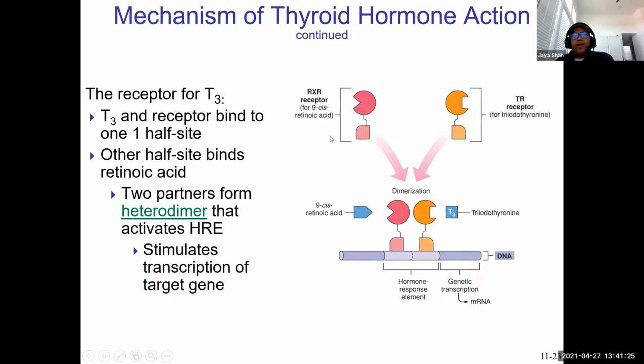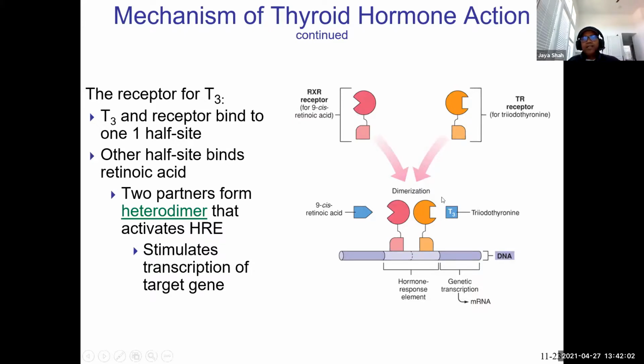Now both 9-cis-retinoic acid binding with this receptor and the thyroid hormone receptor binding with thyroid hormone T3, triiodothyronine, and on one half site T3 binds with its receptor, and on the other half site 9-cis-retinoic acid, vitamin A, binds, and they form the dimers, which is dimerization.